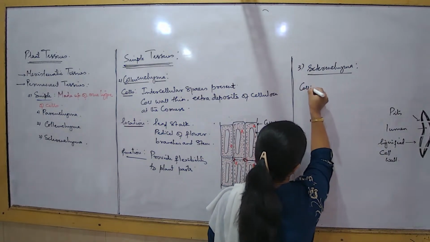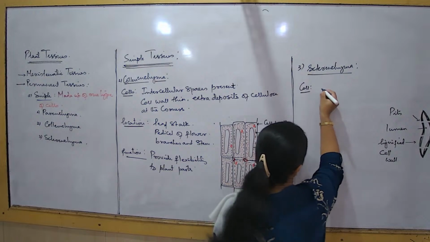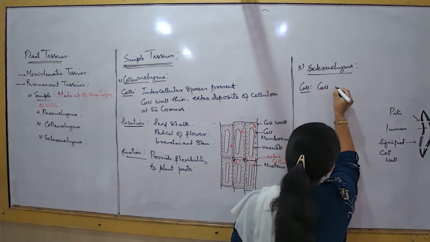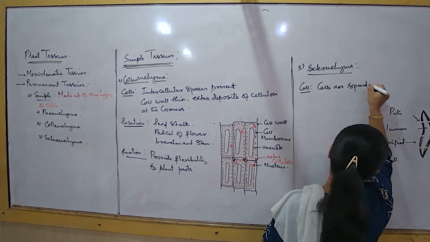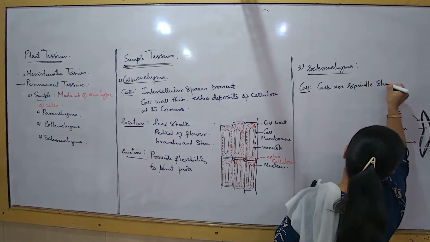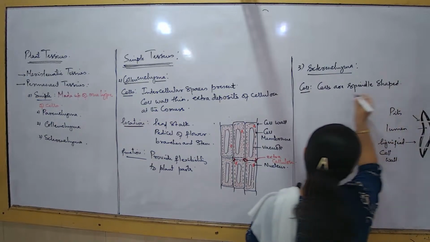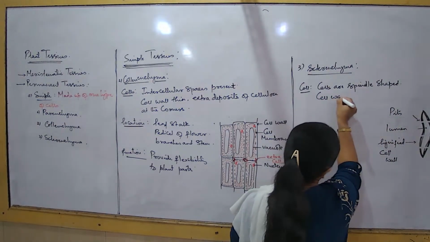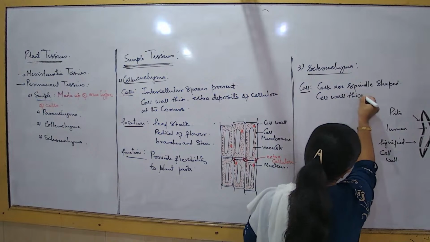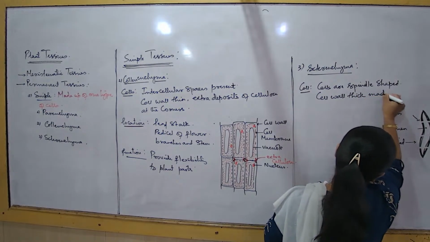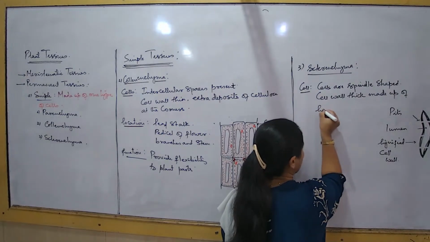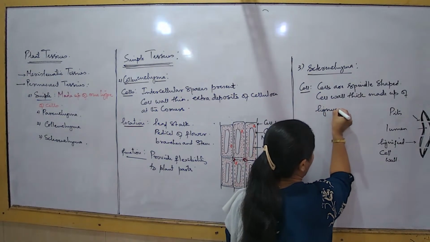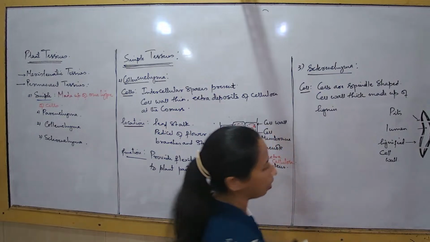Sclerenchyma, what about some of the specialized features of the cells? Cells are spindle shaped basically. Cell wall thick, made up of not cellulose but a tough substance known as lignin.